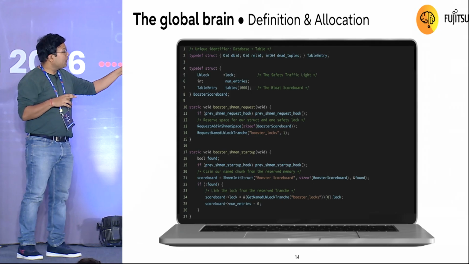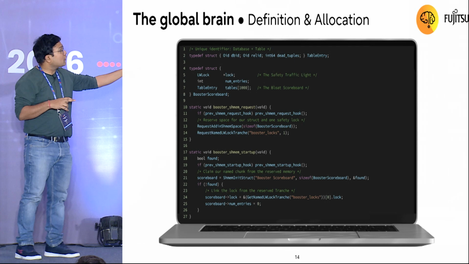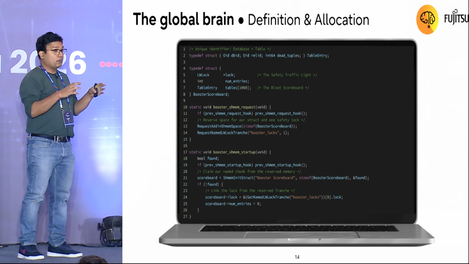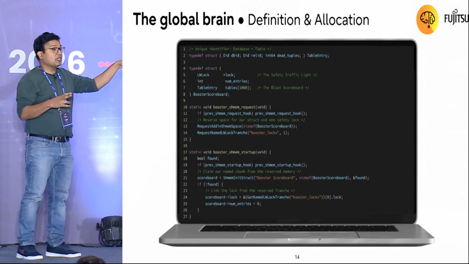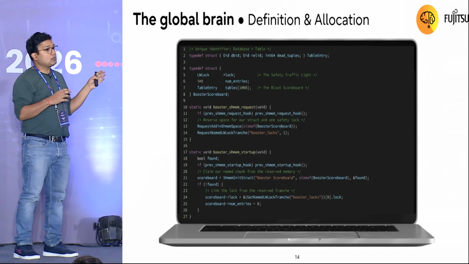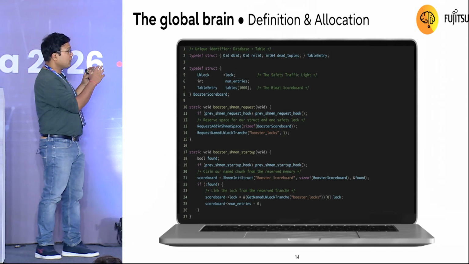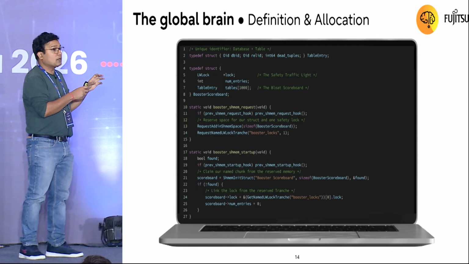This is the function implementation I will give to it. So in line number 10, when I register, this function will be called when Postgres allocates shared memory during the start time. It will call our function and allocate the shared memory for us. Plus, this is a critical section, so you need some amount of locking techniques.